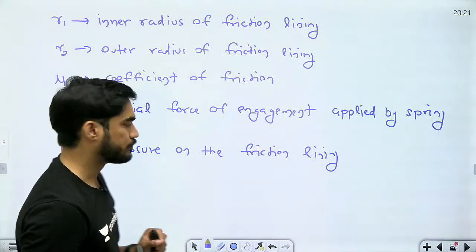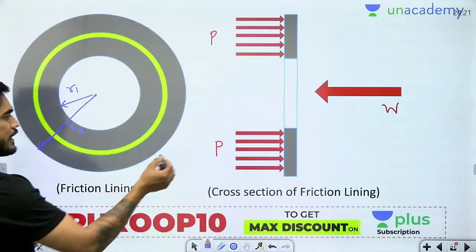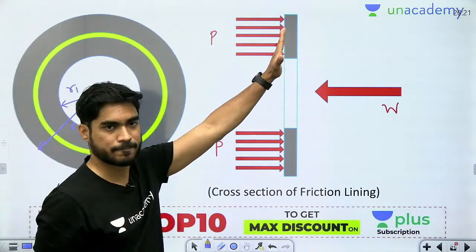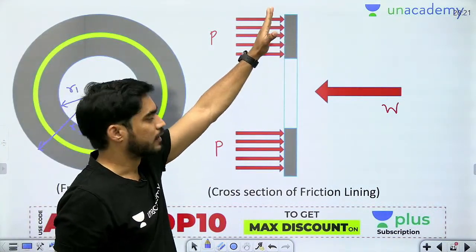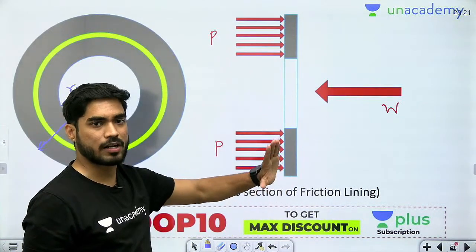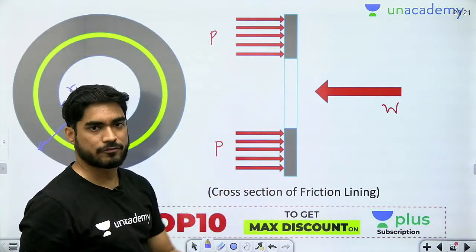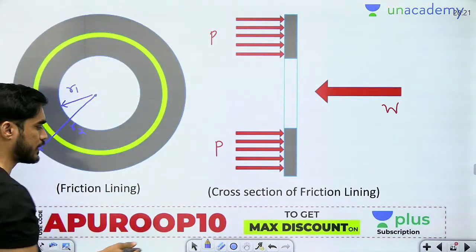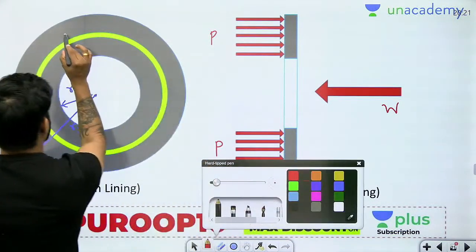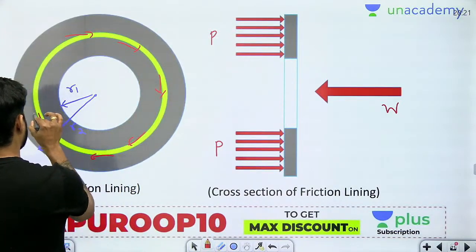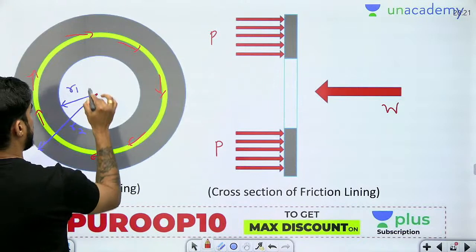Okay, now when this pressure is applied, due to this normal force, which is pressure into area, there will be friction force on this surface like this.